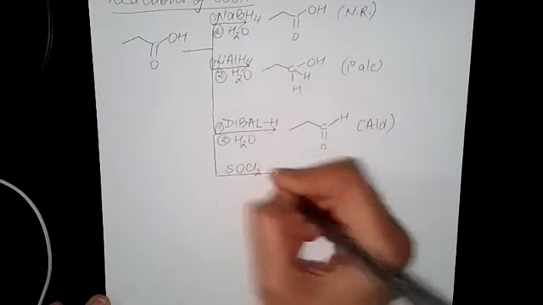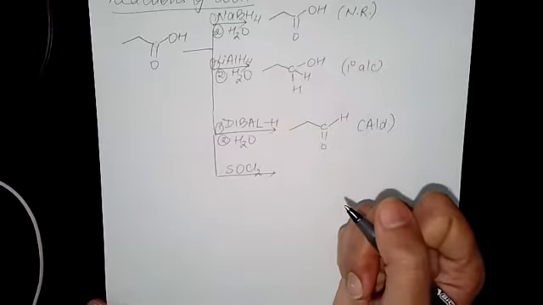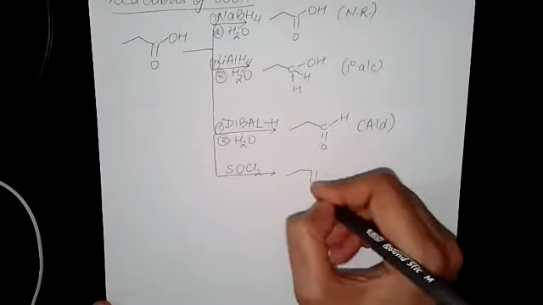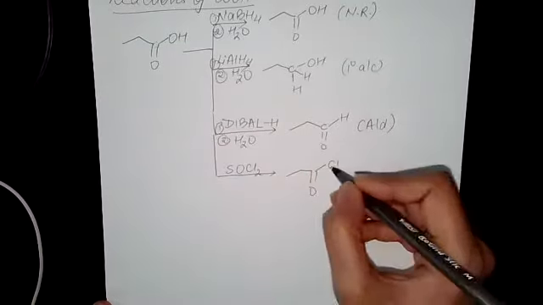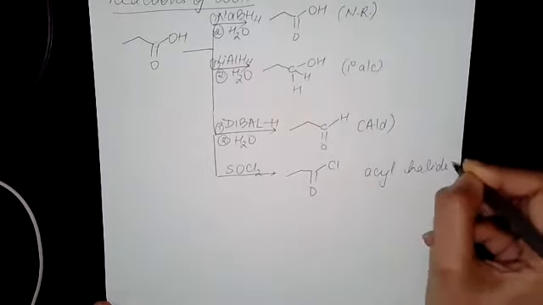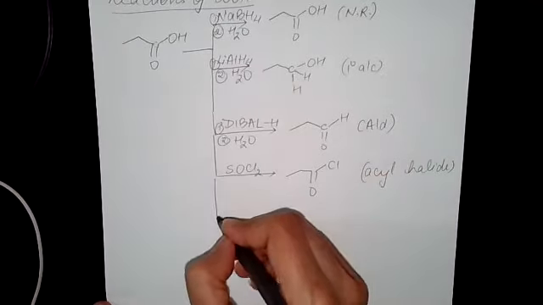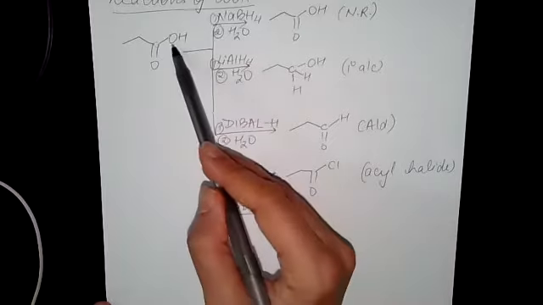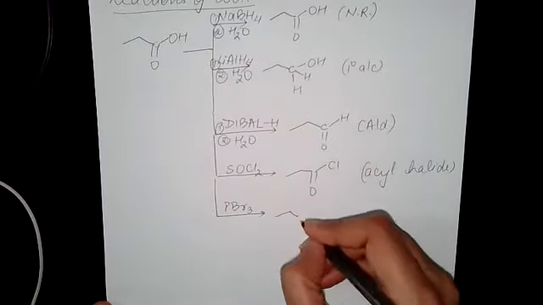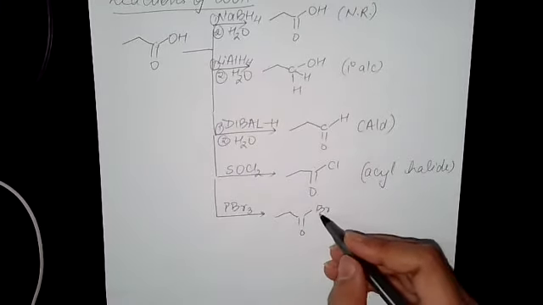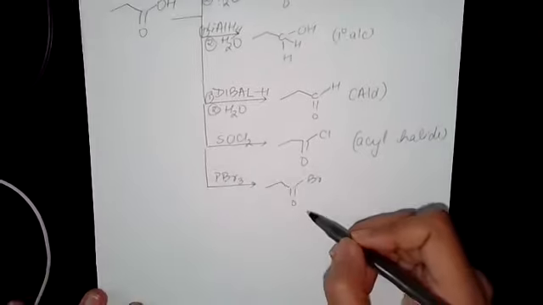Similar to what we have seen in alcohols, if we use SOCl2, it will replace your OH, generating an acyl halide. Similarly, if you use PBr3, the Br will replace your OH, and you will have a different kind of acyl halide, in this case, a bromide.